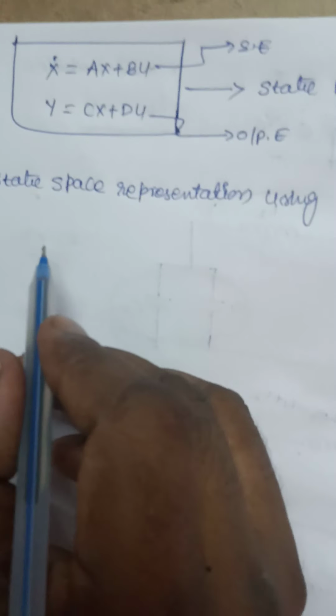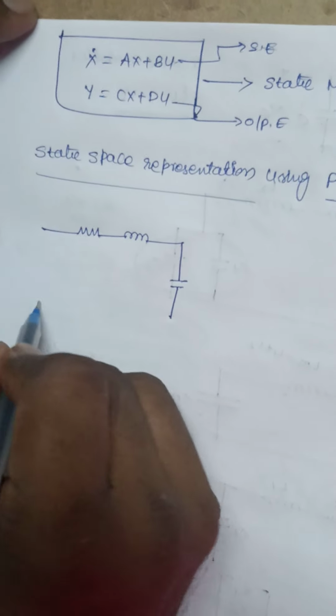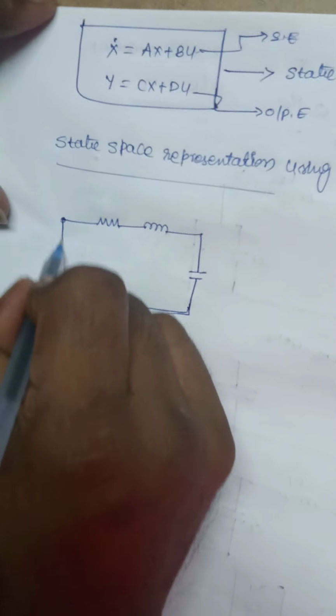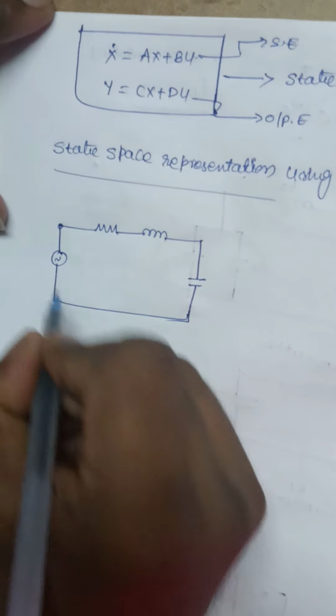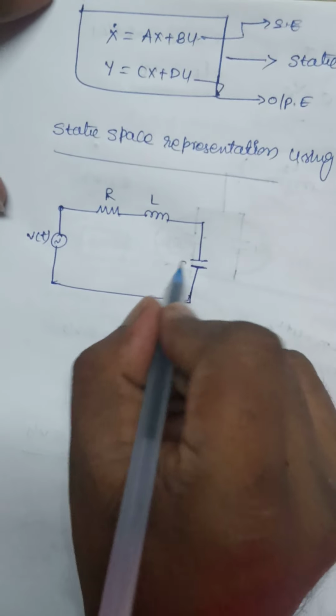How to represent the state space model using physical variables? Now let us consider an electrical system which consists of resistance, inductance and capacitance, like this. Here this is V of t, resistance, inductance and capacitance.